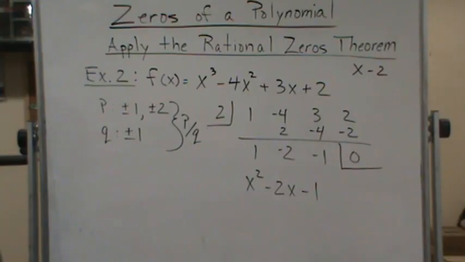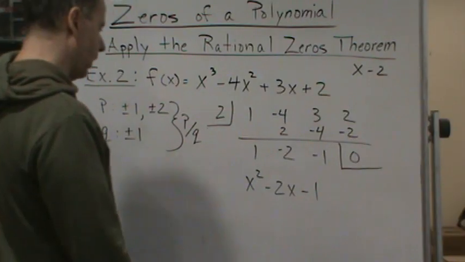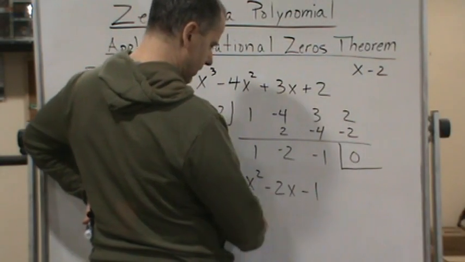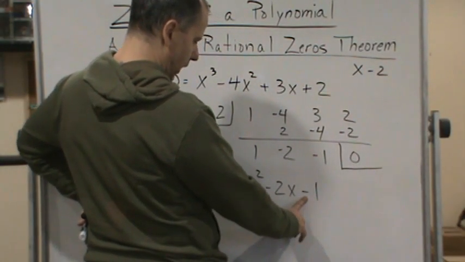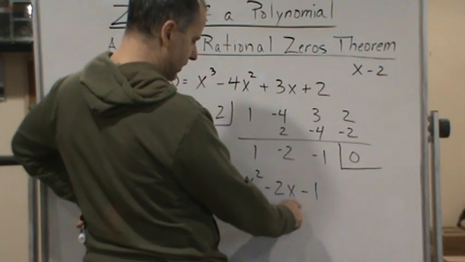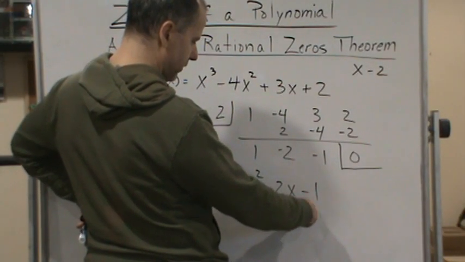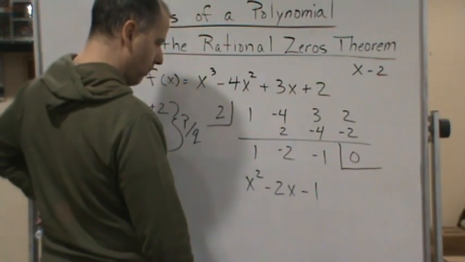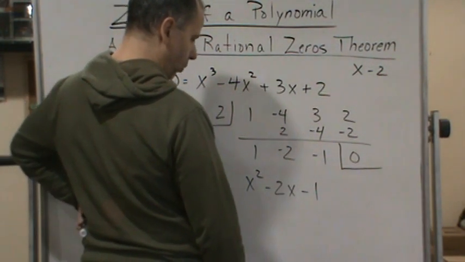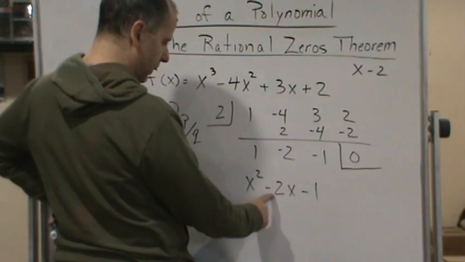Right? And there aren't any. This is not factorable using the techniques that we've discussed. The factors of 1 are going to be 1 and negative 1, but 1 and negative 1 don't add up to negative 2.